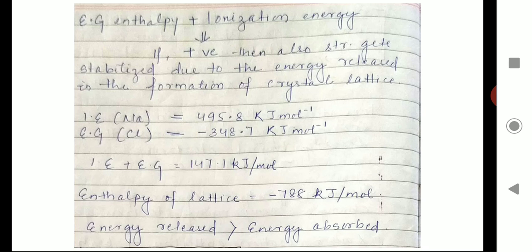Here we are talking about a positive value of energy. That's why we want to know how the structure gets stabilized even if the sum of the energies involved is positive. The dominating energy here will be the crystal energy, because the positive and negative ions are not just attracted or arranged by the electrostatic force.